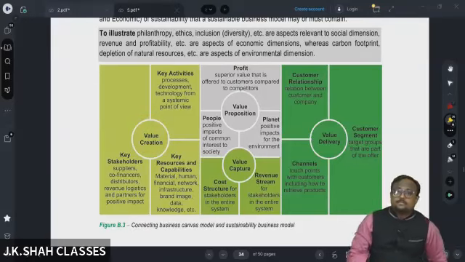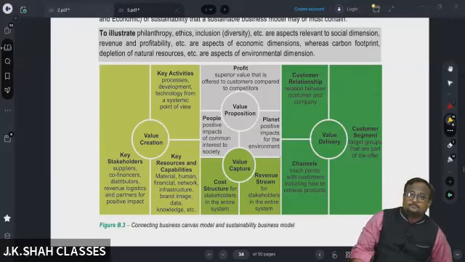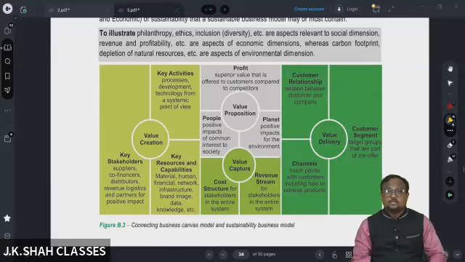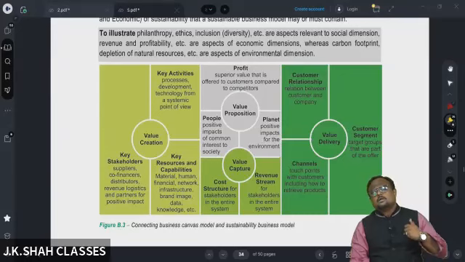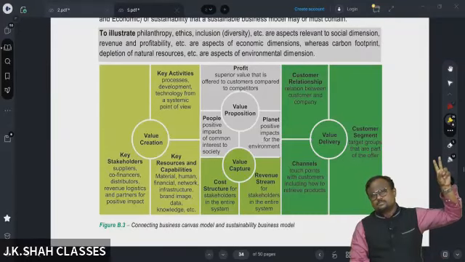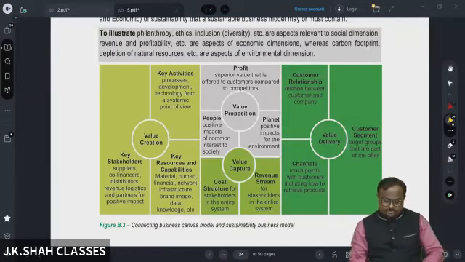Value creation for any business is giving benefit to the stakeholders. Stakeholders does not mean shareholders. Stakeholders means suppliers, financiers, employees, distributors, customers, society, everyone.